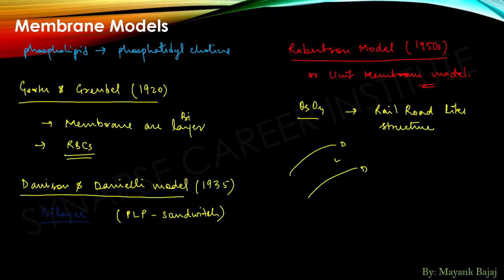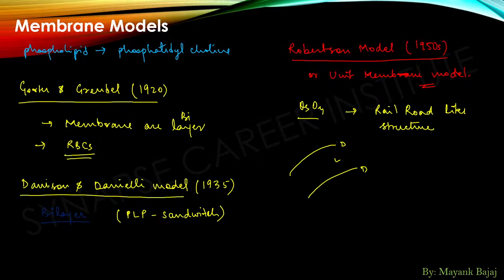So we can also say that the Robertson model provided a kind of evidence or validity to the Davson and Danielli model, that there are proteins lining the lipid layer, right?